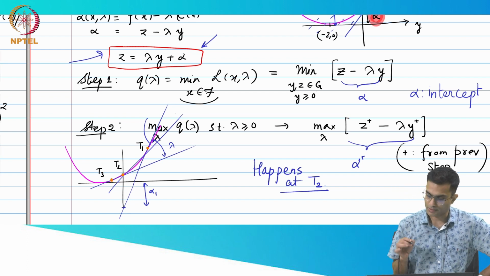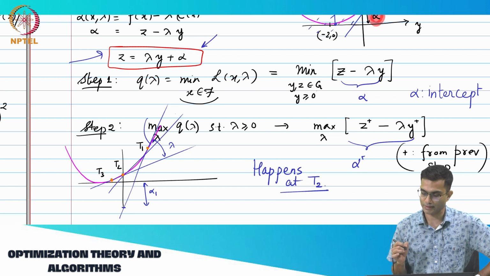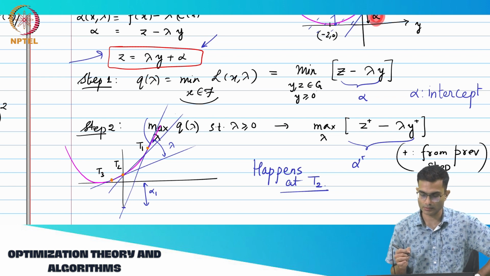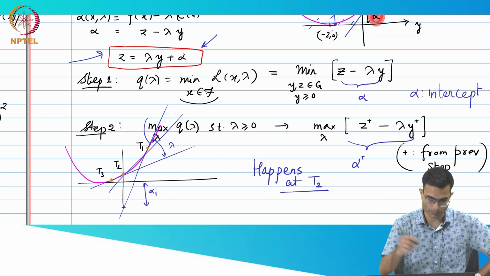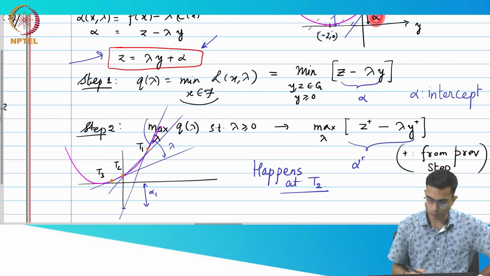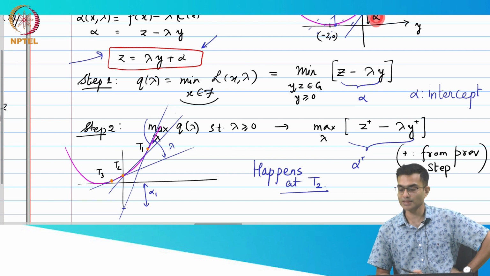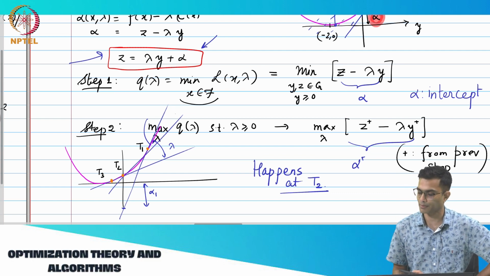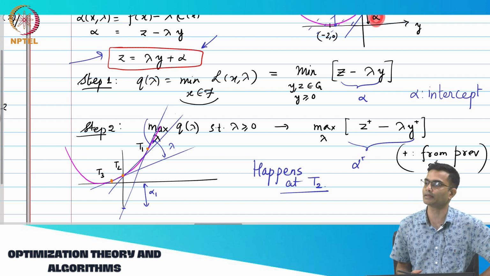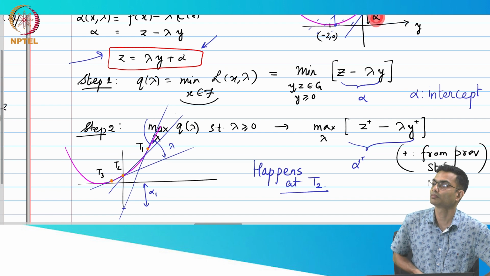Okay. Is step 1 clear? Step 1 is clear, is that give me the least possible value of intercept and I am staying on the feasible part, right. Now in step 2 what am I doing? I want to maximize the intercept because z plus minus lambda y plus is the intercept of some line. What is my optimization variable in this step 2?